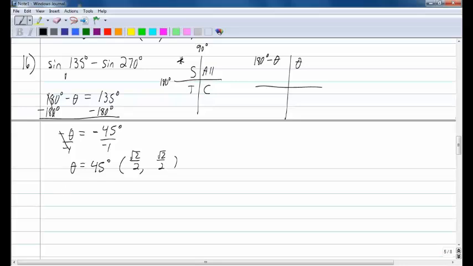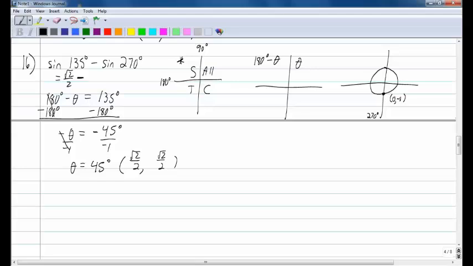Alright, so this one up here, square root of 2 over 2, minus the sine of 270 degrees. 270 degrees is down here. It's a quadrantal angle. So if you remember your unit circle, this point down here, that's 0 on the x, negative 1 on the y.